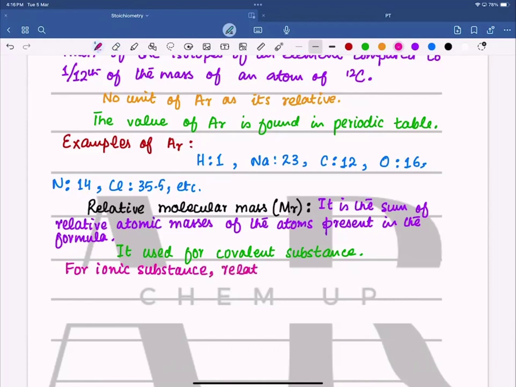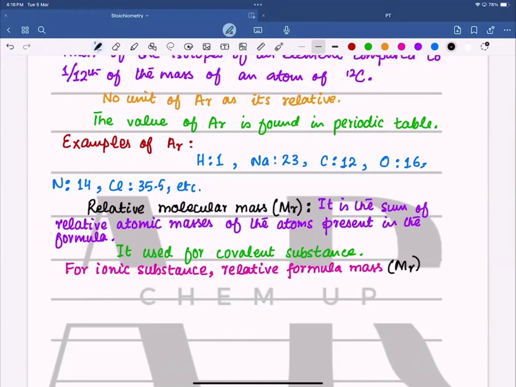relative formula mass. Both relative molecular mass and relative formula mass are calculated the same way, and both are represented by the same symbol, which is M in uppercase and R in subscript, which must be in lowercase. But when we use the term formula mass, it means we are talking about the ionic substance.